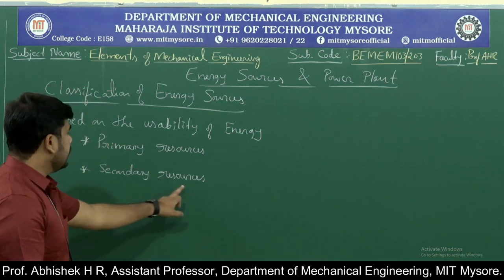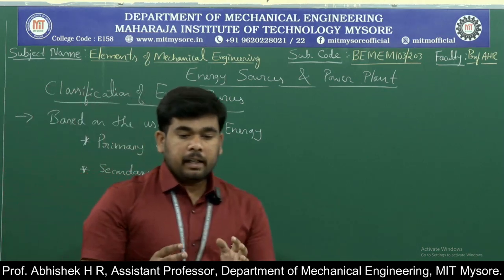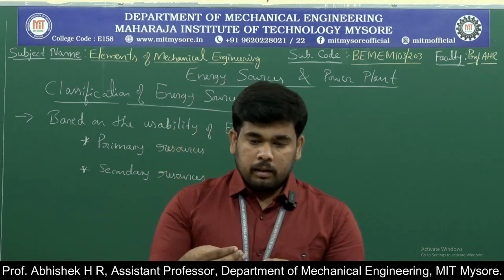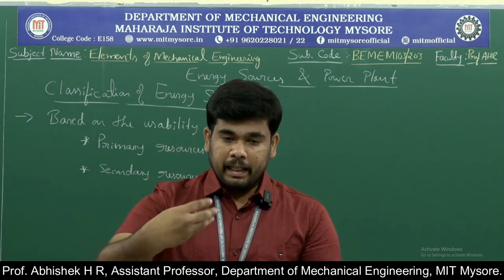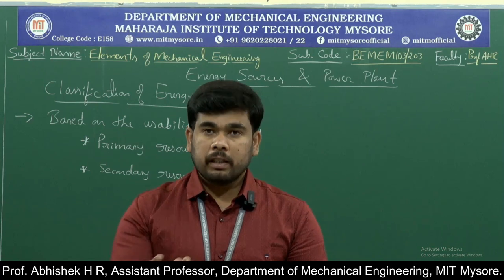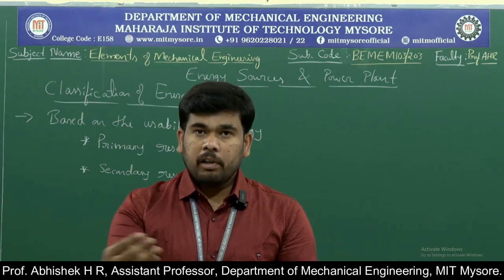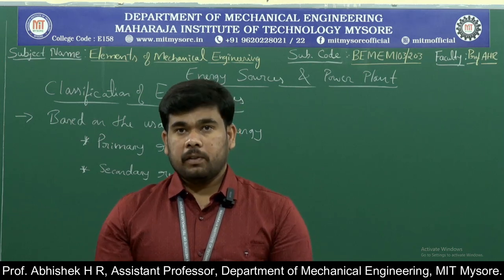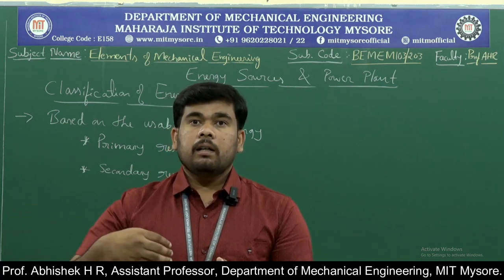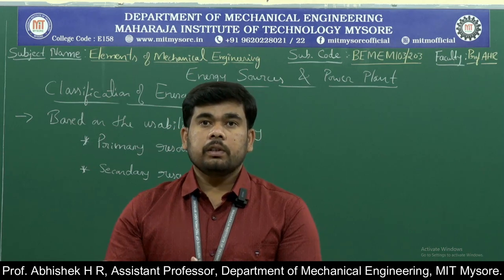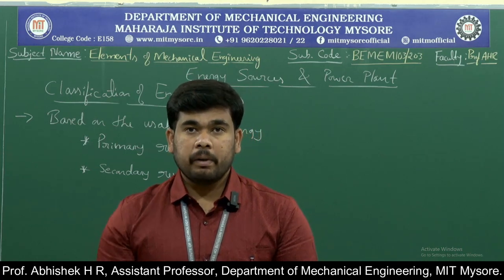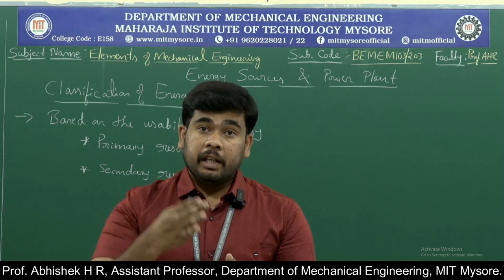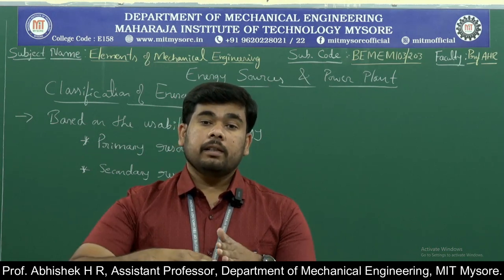Next, we have the secondary resources. Secondary resources means the resources which are directly supplied to the consumers or the customers. For example, electricity. Electricity is the energy resource that we supply to the consumer directly, but the generation of electricity is different.